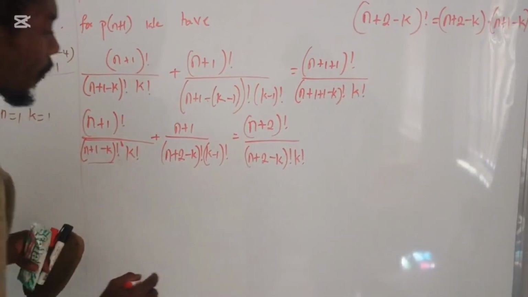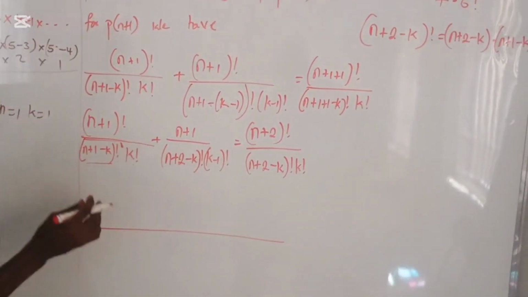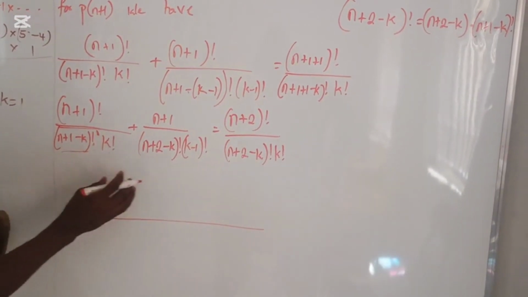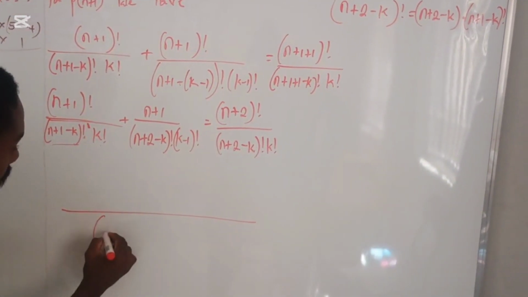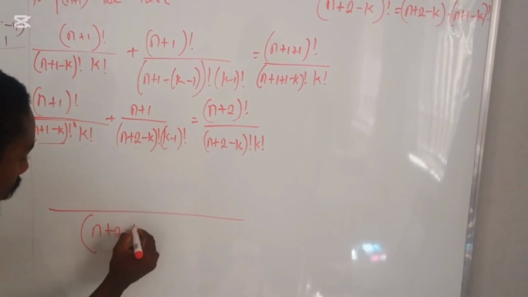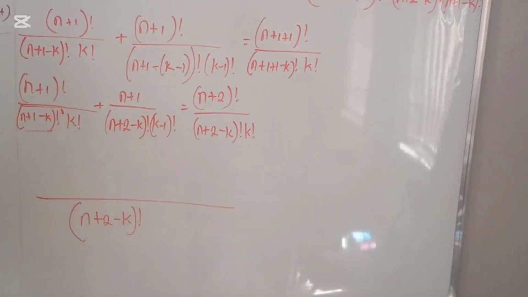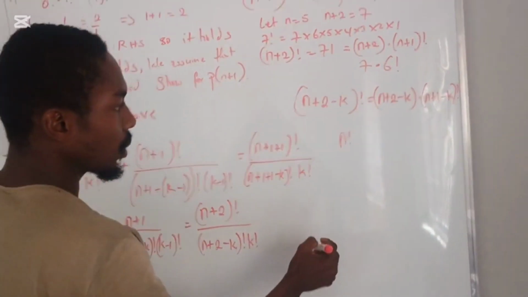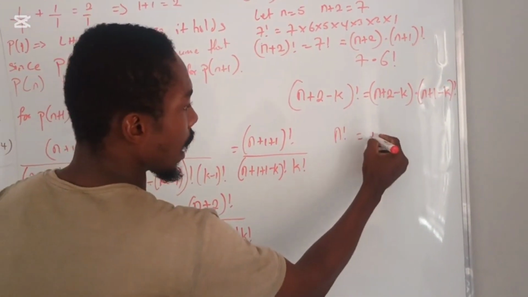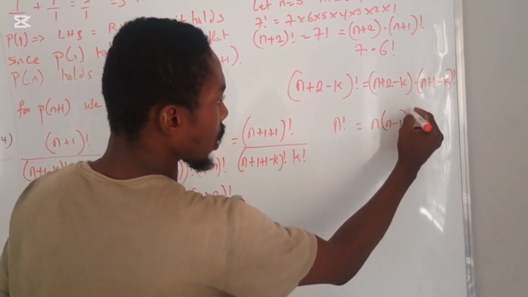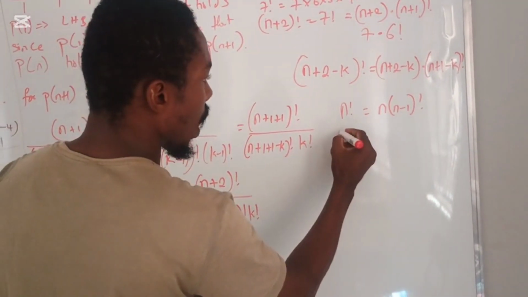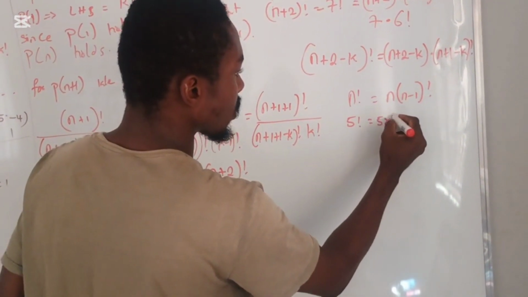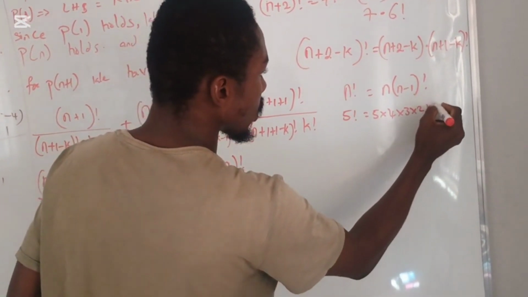So, since this one is inside this one, we don't need this one again. This one has covered this one, so what we have here is n plus 2 minus k factorial. Now, n factorial is equal to n into n minus 1 factorial. For example, our n is 5. 5 factorial is equal to 5 times 4 times 3 times 2 times 1.